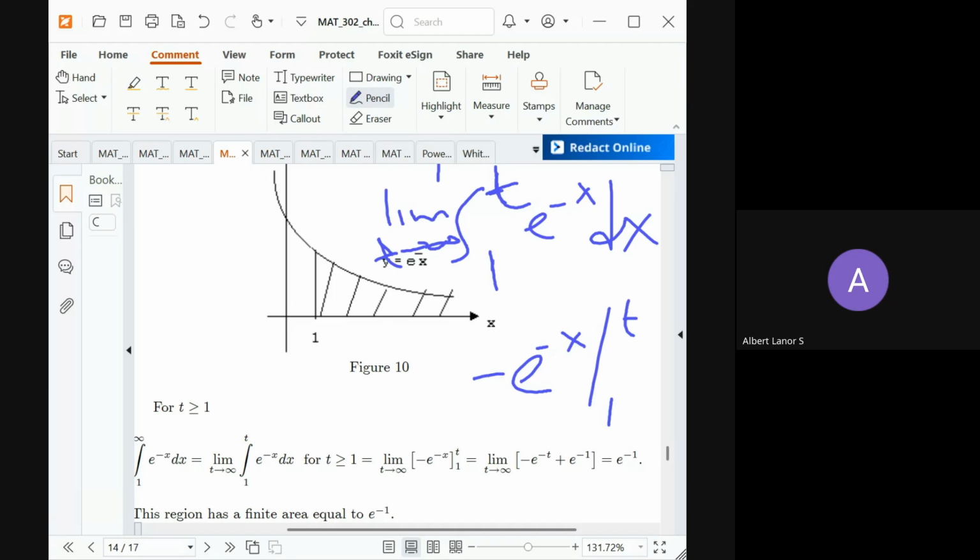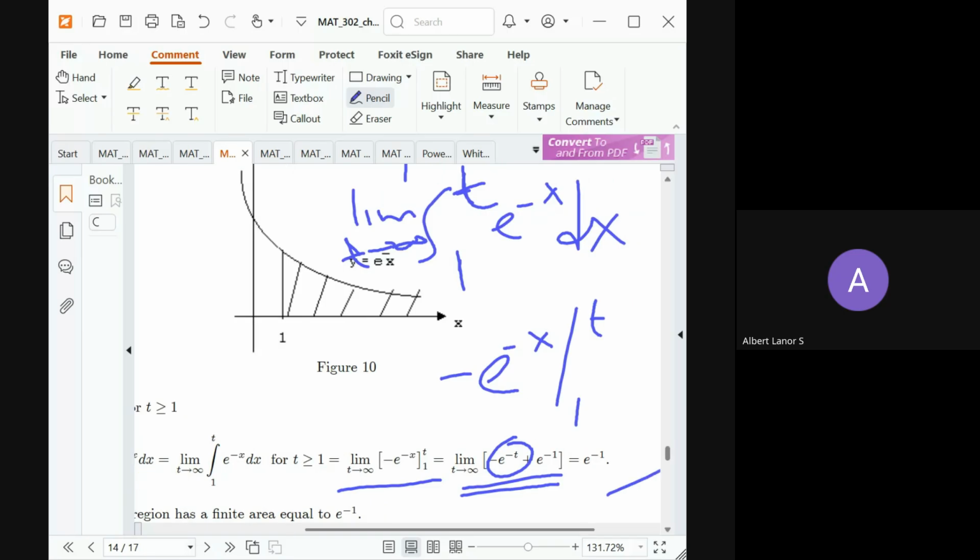So you have from 1 to t, giving you e^(-t) plus e^(-1). Then you find the limit of it. Now, as t goes to infinity, e^(-t) will be going to 0, giving you e^(-1).